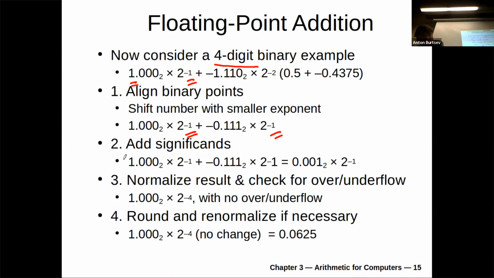And so we add those significands, the whole part. This is the result of this addition. Again, we are normalizing and checking for underflow and overflow, which doesn't happen here, so the power changes. We don't have to round anything, so this is essentially our number. And if you convert it to a decimal number, that's the answer in decimal.